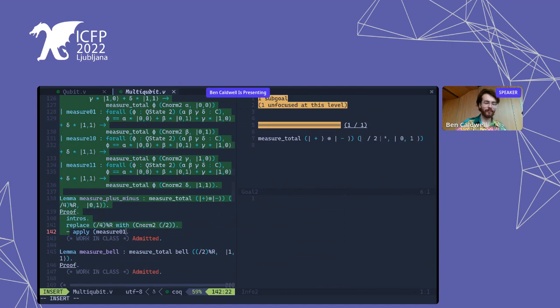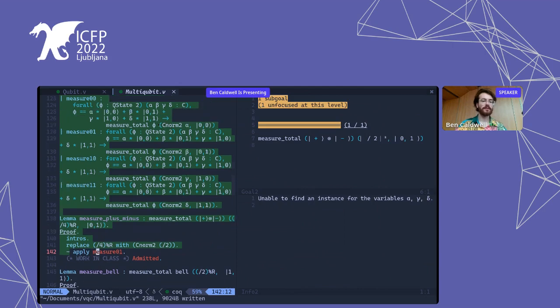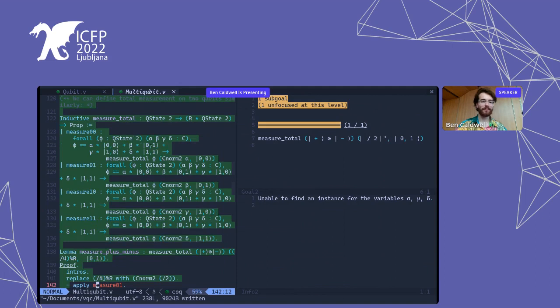Right. So yeah, now we can apply the measure that we want, but we end up getting another error, which is it doesn't know what the other thing should be. So we have to tell it, well, what are the other parts of this quantum state, right? What is the alpha and delta and everything. Let's see. The alpha is. It's all just C norm 2, isn't it?